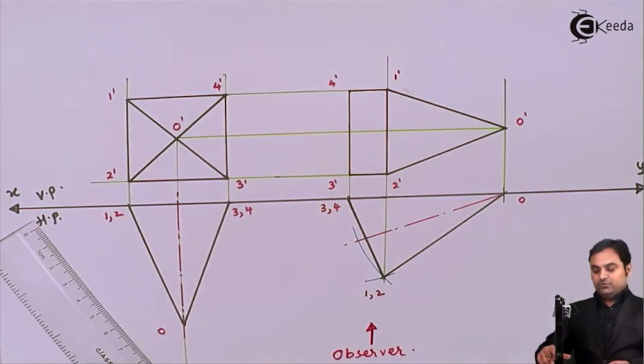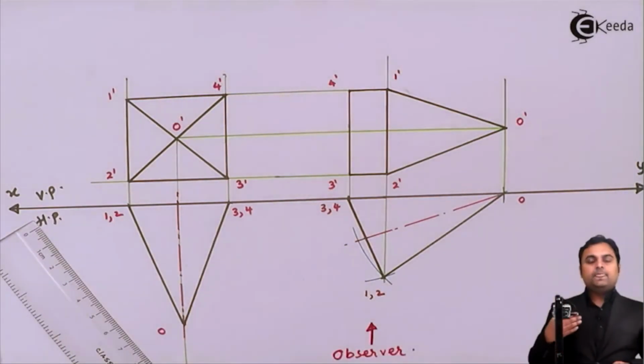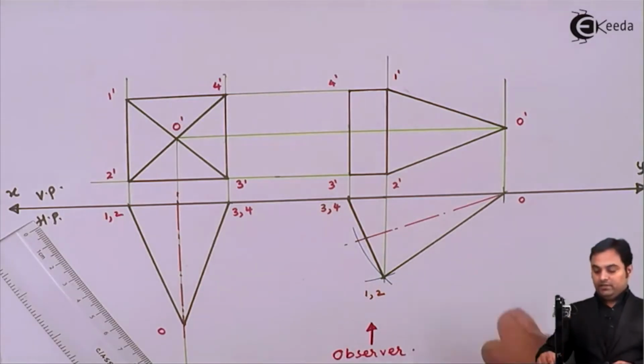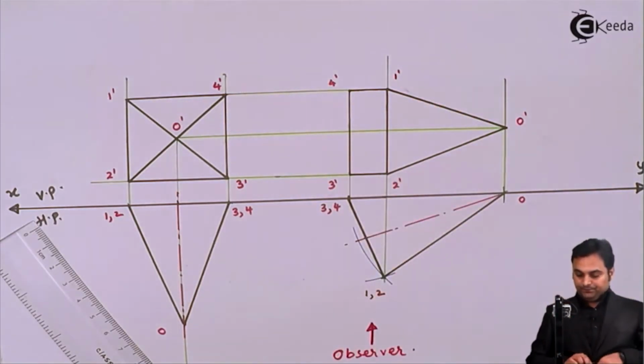So the pyramid is visible in this way. This is the visible portion of the pyramid. When its triangular face is in VP, the pyramid will appear in this way.